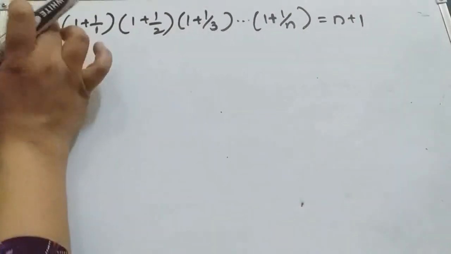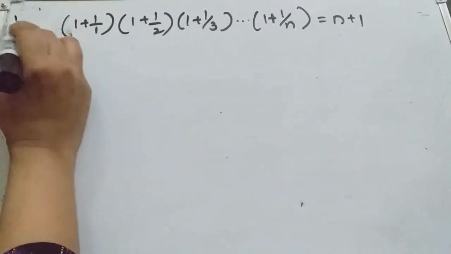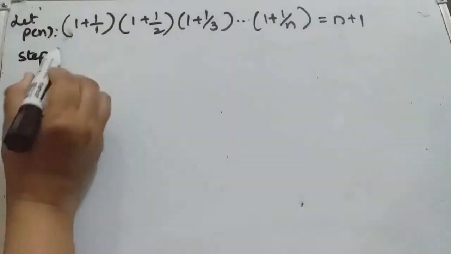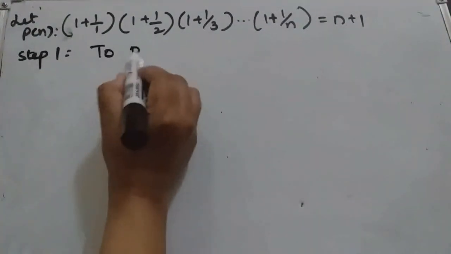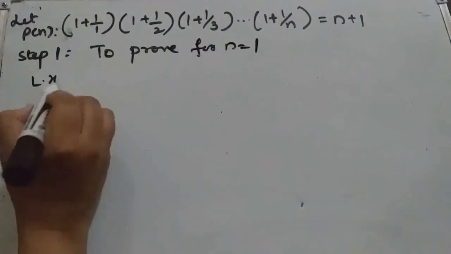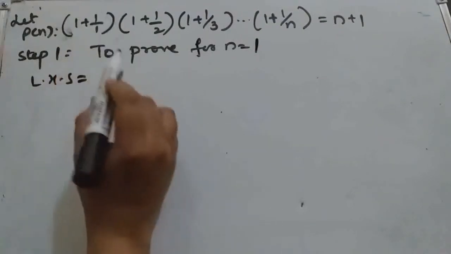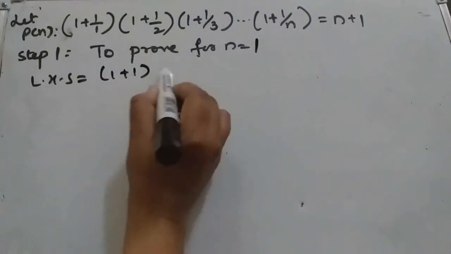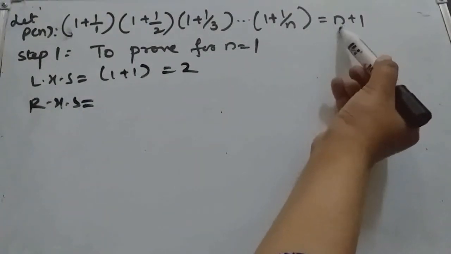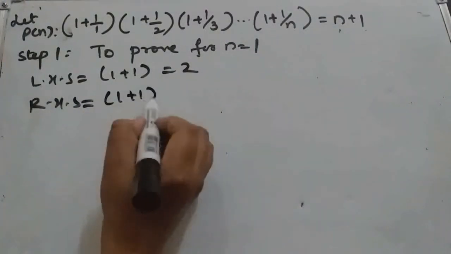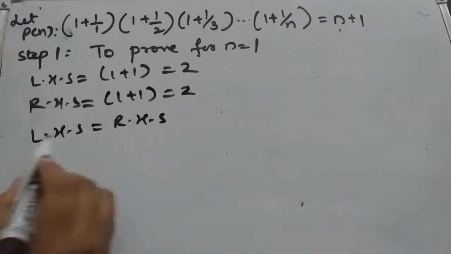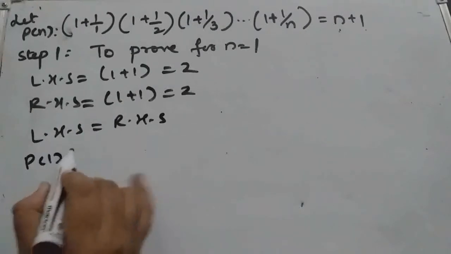Question number 14. Let P(n) be the statement. Then step 1 is to prove for n equal to 1. The left hand side, the first term, is 1 plus 1, that is 2. The right hand side, n value is 1, so 1 plus 1, that is 2. So the left hand side is equal to the right hand side, so P of 1 is true.